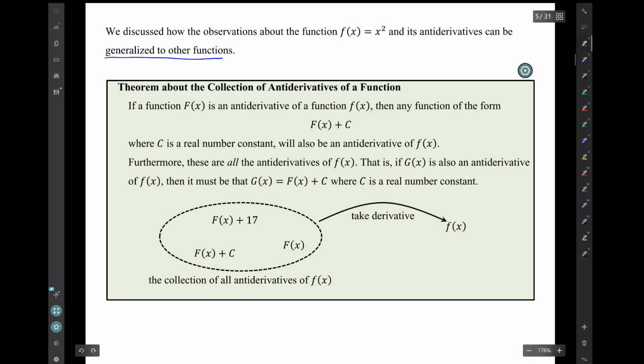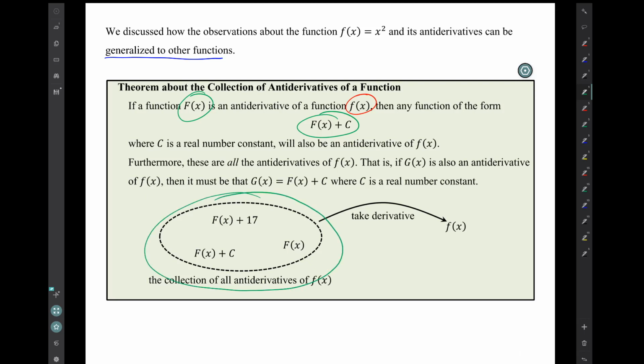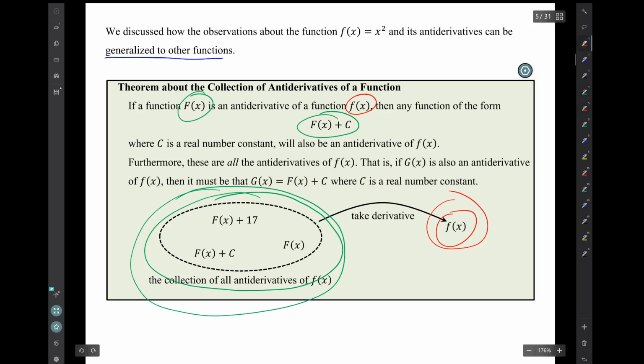So if some function capital F is known to be an antiderivative of a function little f, then any function of this form, capital F of x plus c, is also an antiderivative of little f. So the collection of all antiderivatives of little f of x is in this dotted region. If you take the derivative of any of these functions, you'll get little f.